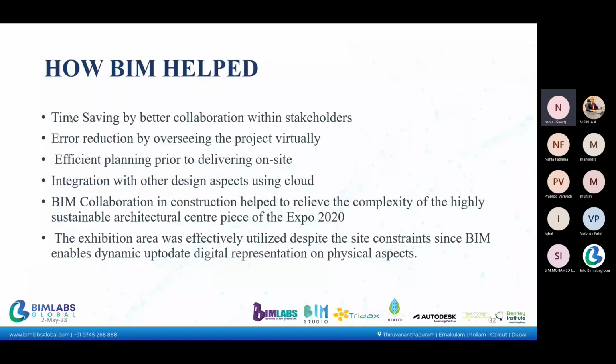You might think these complex designs will be very difficult to model in the software. No, they actually allowed easy modeling. For the technical people, the professionals, their work was made simpler. So that's how the complexity of the project was overcome.